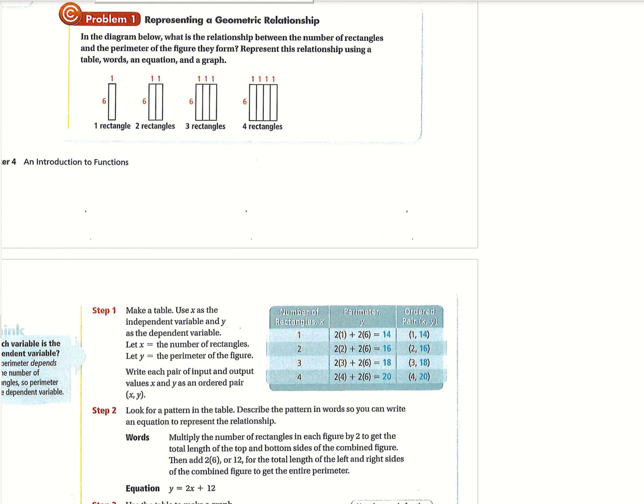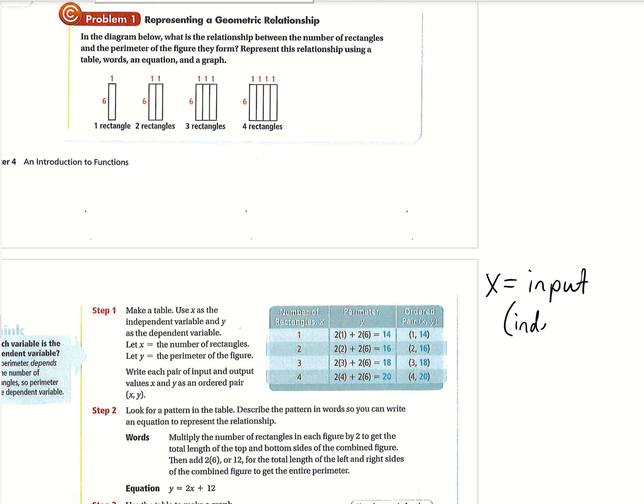On step 1, you can see down here they went ahead and did a table. They let X be the number of rectangles. That would be your input. So X equals input.